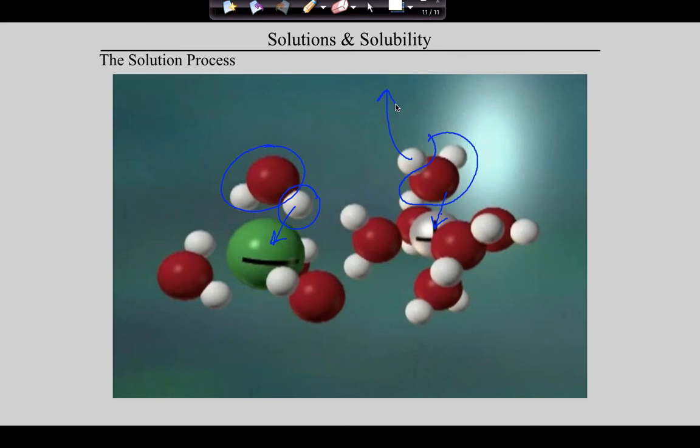Make sure that makes sense. Don't look away. This is important. If it's the negative ion that reacts with the water, it steals a positive hydrogen. That releases an OH, and what does the solution become? Basic. Now, if it's the positive ion that can react with the water, then the opposite happens, and the positive ion grabs an OH, and the hydrogen is released, and that makes the solution acidic.